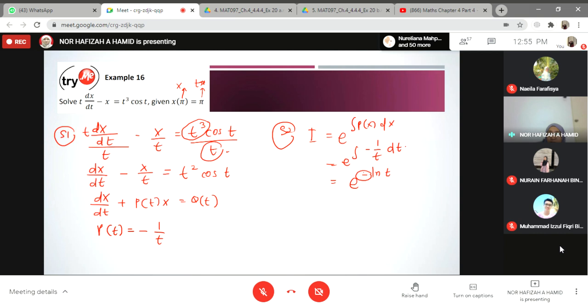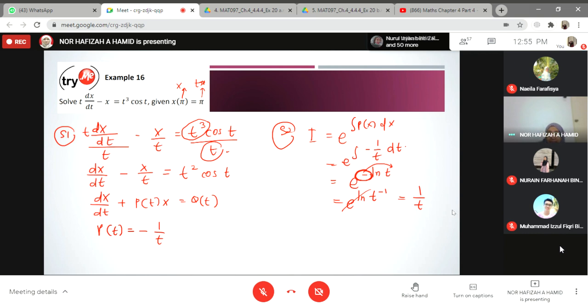Okay, so negatif ni you transfer dulu pada t. So you will have e ln t negative 1. Sebab negatif kat depan ni dia also represent negative 1. Okay, lepas tu baru you boleh cancel. So bila e dengan ln tu side by side, baru you boleh cancel lah. So you will have 1 over t. Okay, so ini punya step 2.